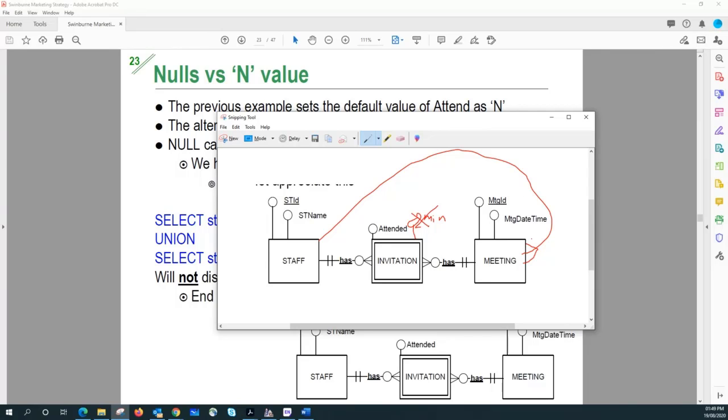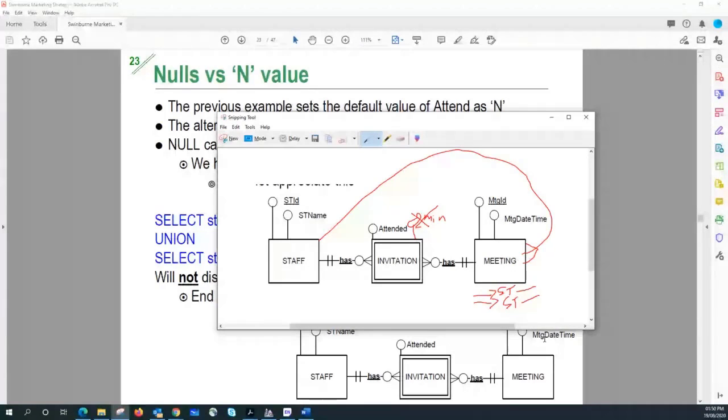So what do I mean by that? Each row in the meeting has a staff ID associated with it as a foreign key. That staff ID is the minute taker for that particular meeting.